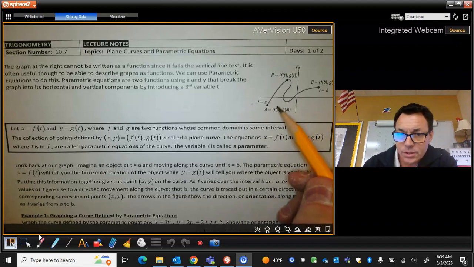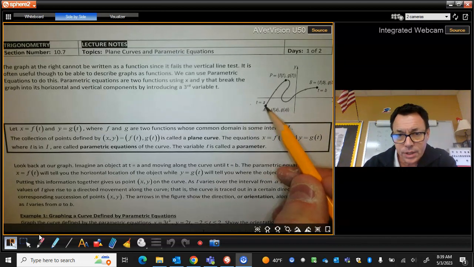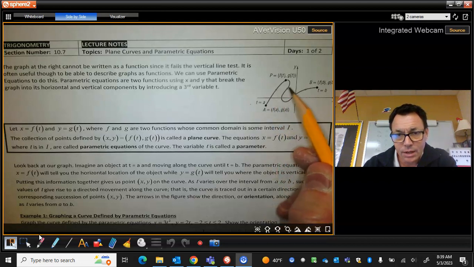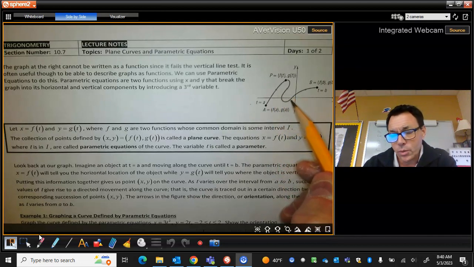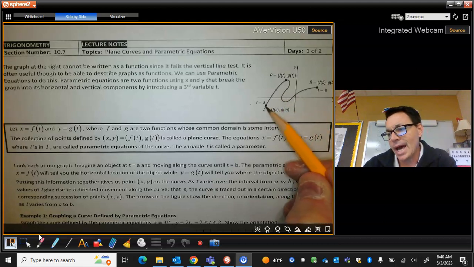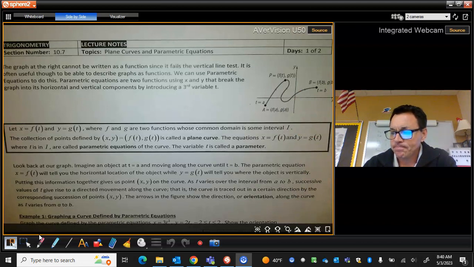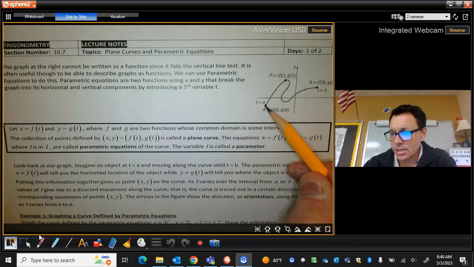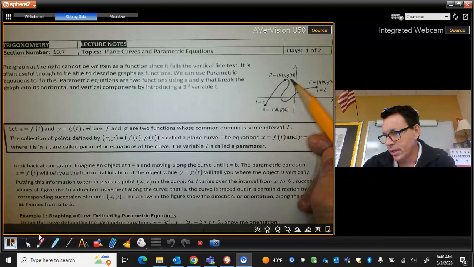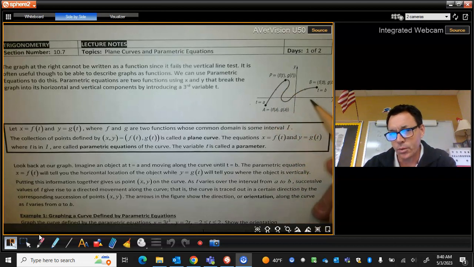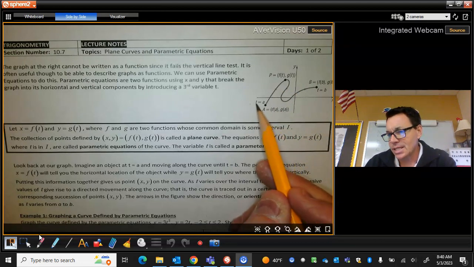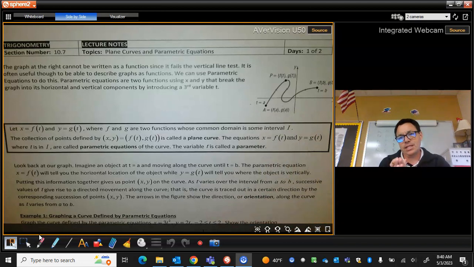Now, if you look at this graph, you'll notice there's a point here, and then you'll notice these little arrows. So what you want to picture is, as you're drawing this out, or let's say, imagine this is some particle that's moving through space, but there's movement going on here. Because as t gets bigger, think of it as time.